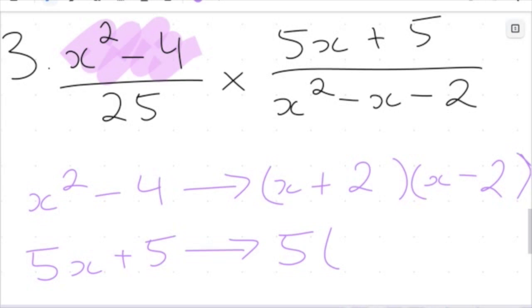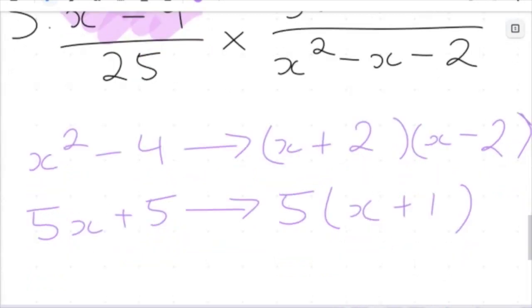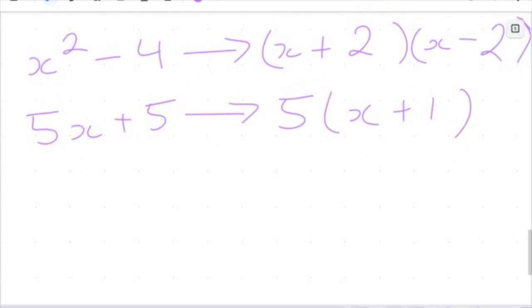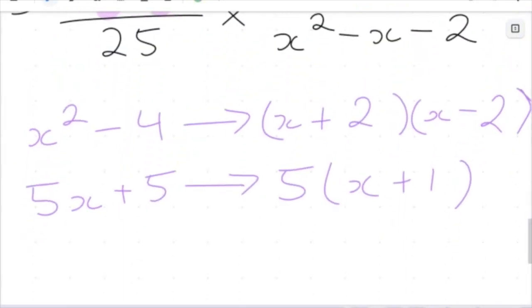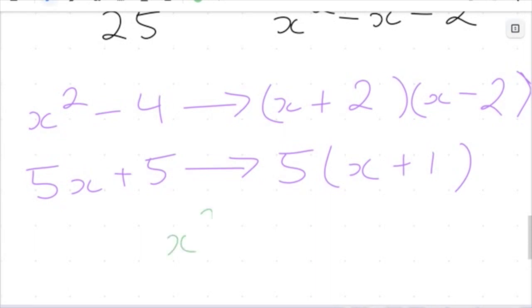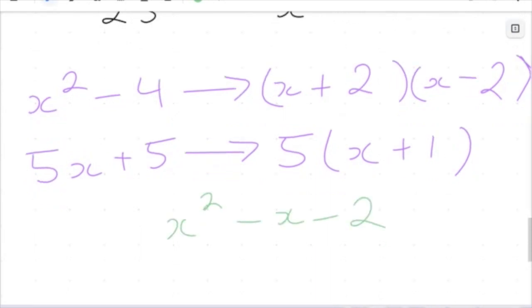How many times does 5 go into 5x? It goes x times. How many times does 5 go into 5? It goes 1 time. And finally, I want to do this in another color, and it might take a little longer. I want to factorize x squared minus x minus 2.